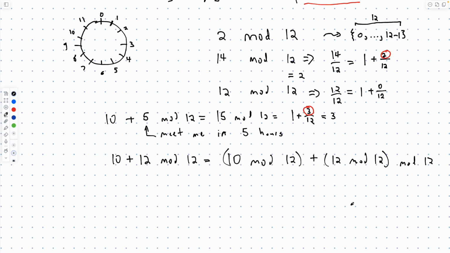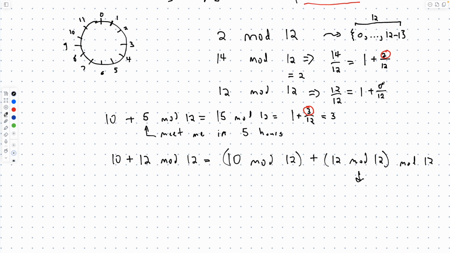Okay, and every time you take the mod, you always get a number that's between 0 and 11. So sometimes, from a computing standpoint, if you're going to compute a modulus on a big expression, you want to take the mod all the time so that your numbers are always staying small. Okay, so if we apply this, what's 12 mod 12?